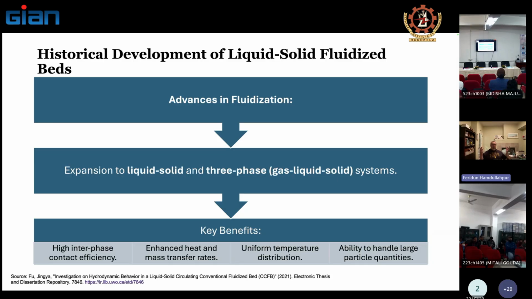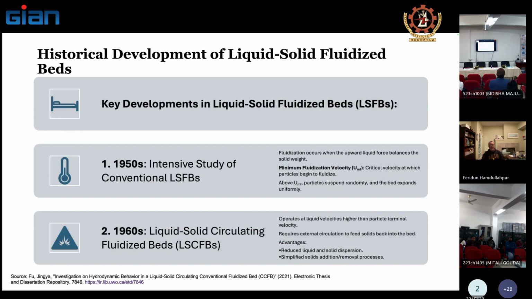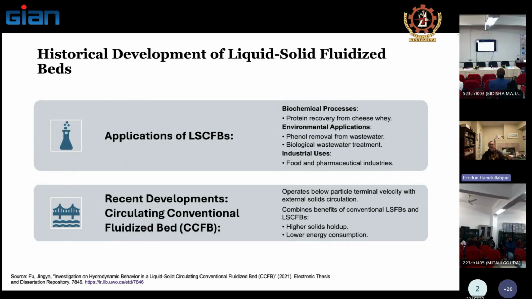So the higher the interface contact efficiency, the more economical it is, or the fewer agents I need to use. The more agent I use, the more expensive it will get. And of course, in this way, we are able to handle larger. So let me pass these, okay?